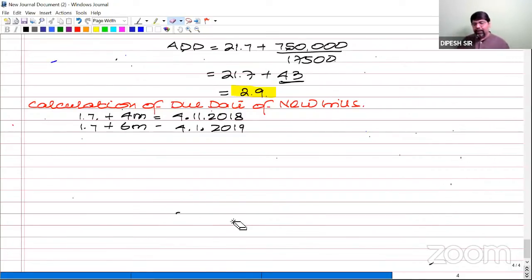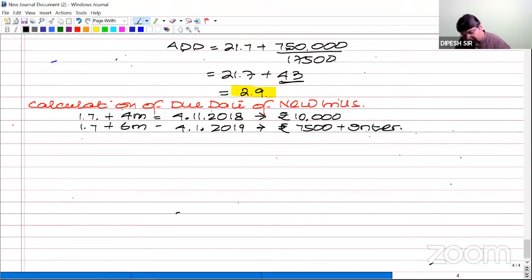Now chartered, he was supposed to make the payment on which date? Sir, 2nd of September. But he will make the 10,000 payment on 4th. On this date, he will make rupees 10,000. And on this date, rupees 7,500, plus interest.